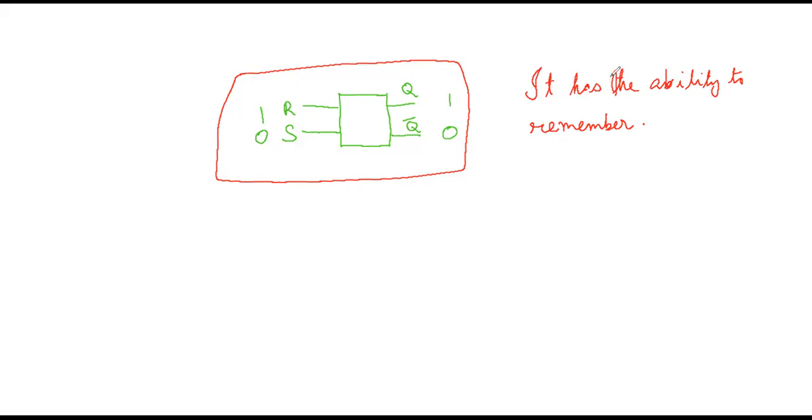It has the ability to remember. This circuit has the ability to remember this one. I have set it to one and went somewhere for some period of time, and when I arrived here again, it is still one. It may be for 1 second, a few minutes, a few hours, or a few days. It will remain the same. That's why I have written it has the ability to remember.